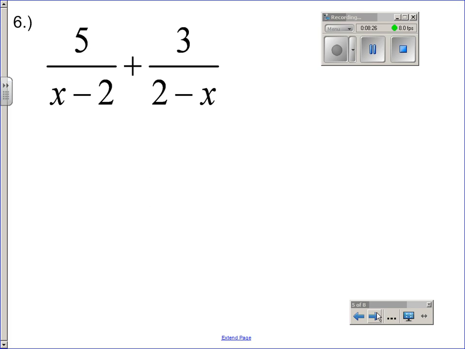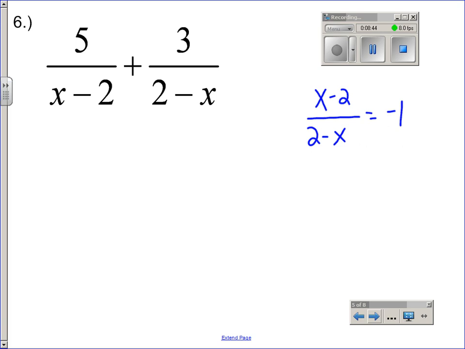Number 6. If you remember, when we were just simplifying, if we had x minus 2 over 2 minus x, what did we tell you that they're going to cancel out to be? Right, negative 1.